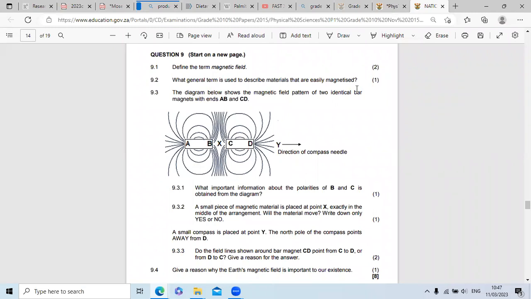The good thing about physics is that most of the words are self-explanatory. So, what do you think a magnetic field is? I think it's the force generated by the atoms that create a magnetic field.